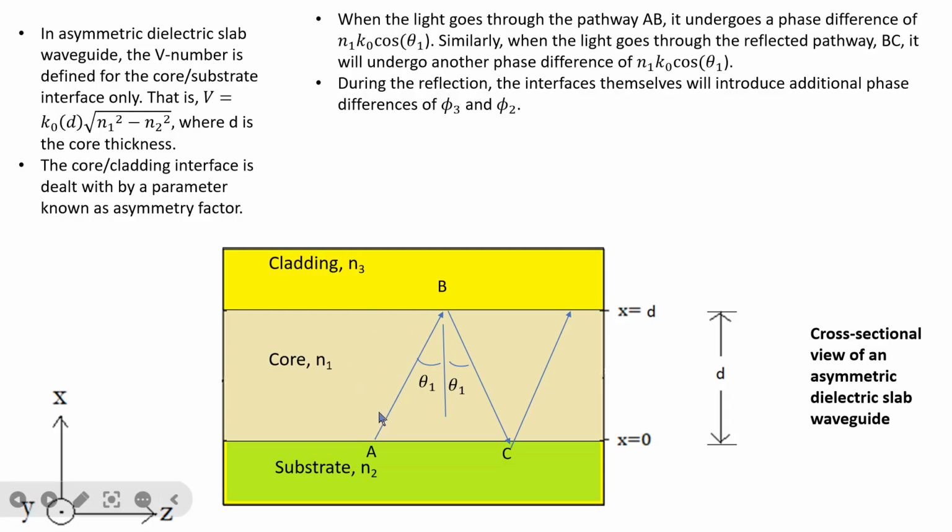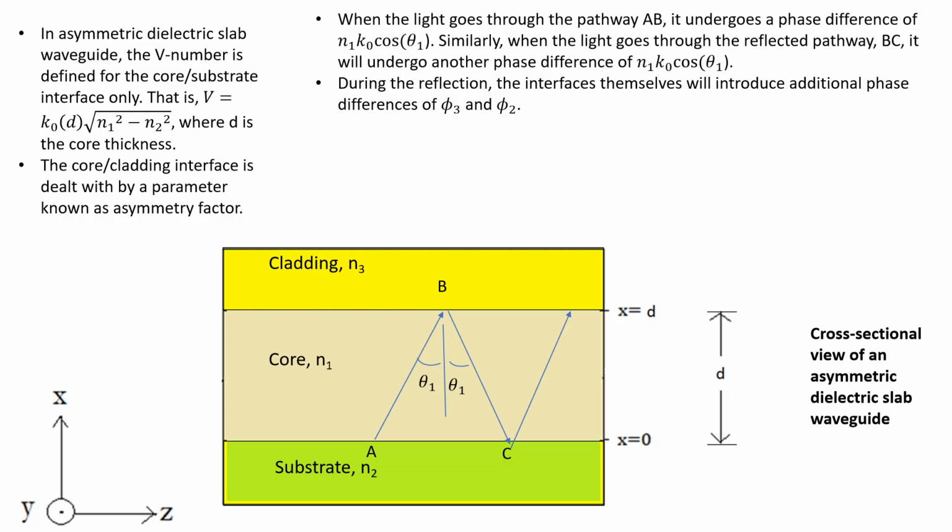This means the wave number, the three-dimensional wave number, multiplied by cosine of theta 1. And this is essentially kx, because this is the wave number for the vertical direction.